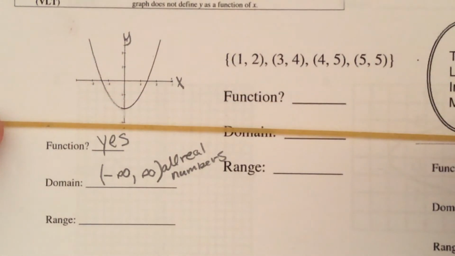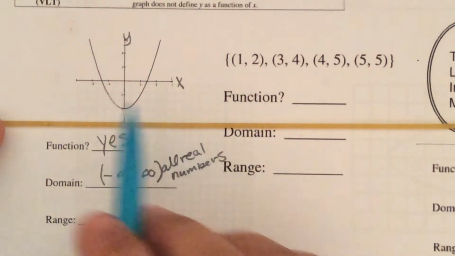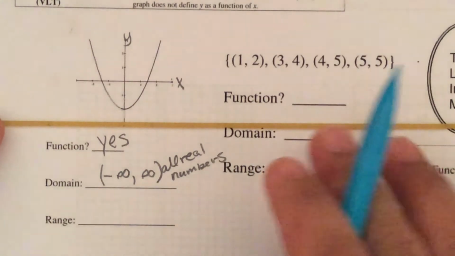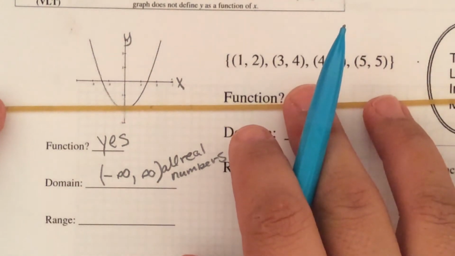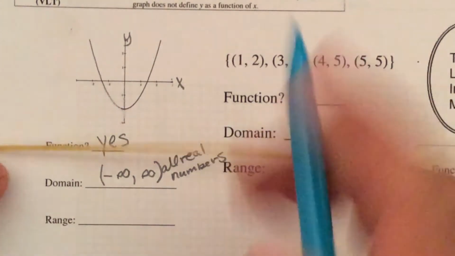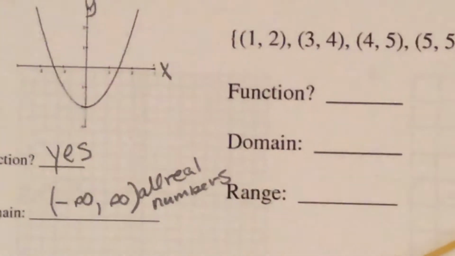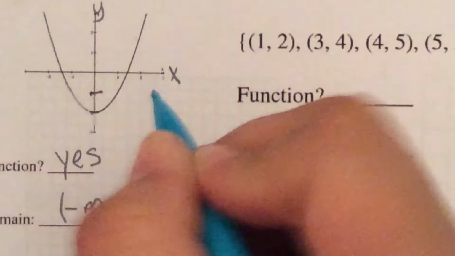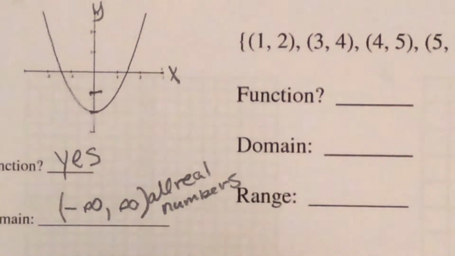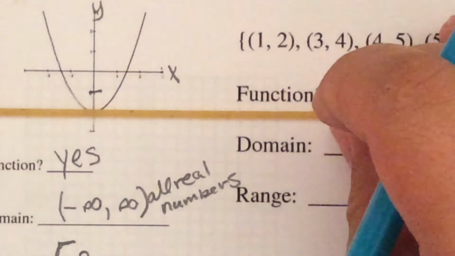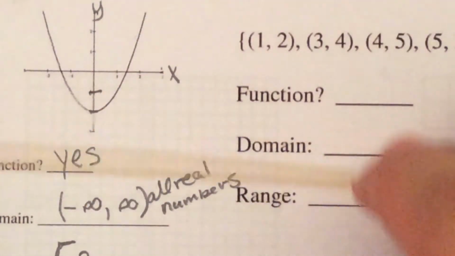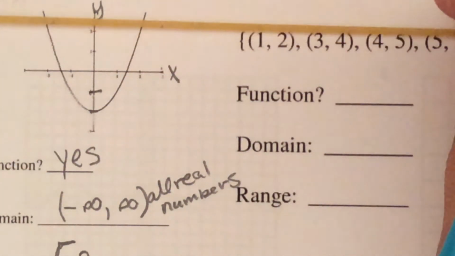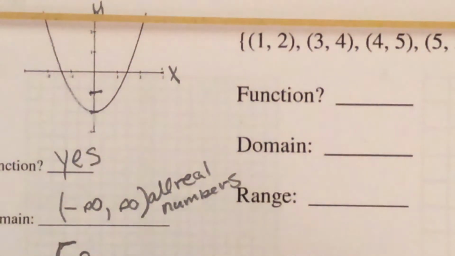So way down here, this spaghetti does not touch the parabola, but it does start touching it right there. So let's see, this is 1, this is 2. So it starts from 2, and it's a close bracket because the spaghetti does actually touch the vertex right there. And then it continues to positive infinity.